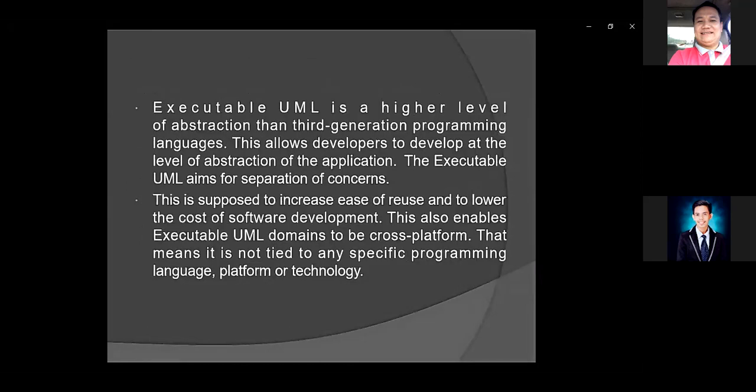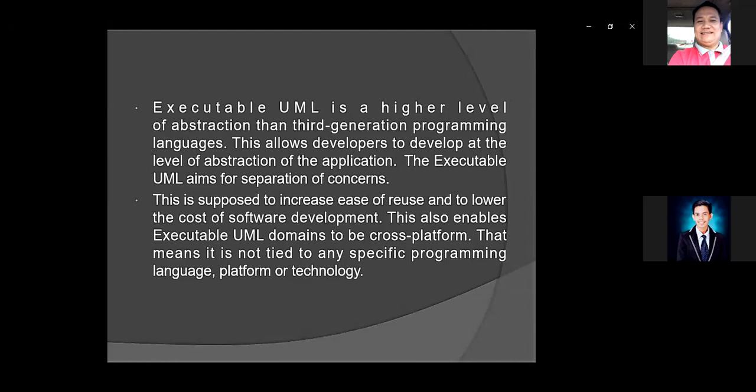Executable UML is a higher level of abstraction than a third generation programming language. This allows developers to develop at the level of abstraction of the application. Executable UML aims for separation of concerns.